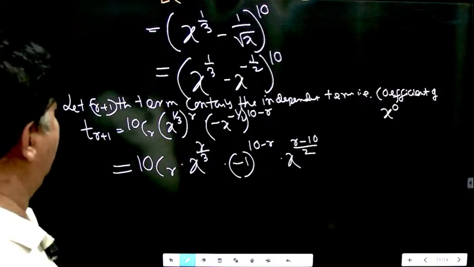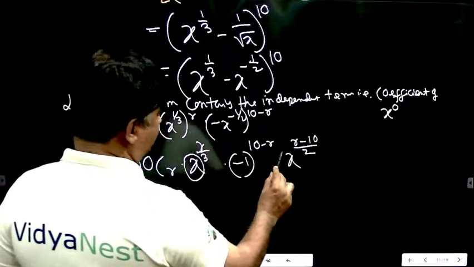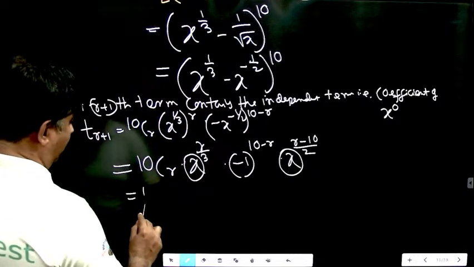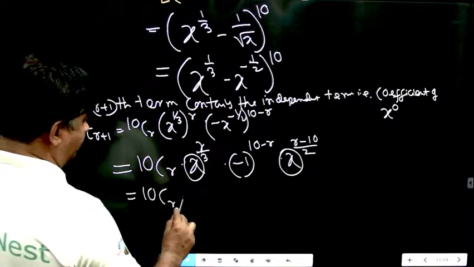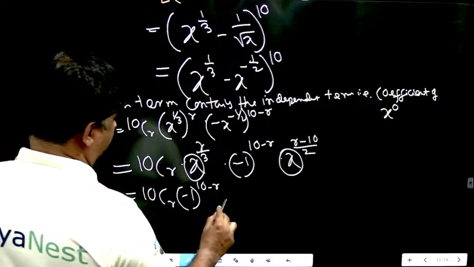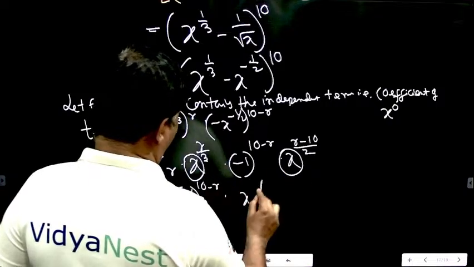See, here we have got some excess power twice. So we will club them together. These two will be added.